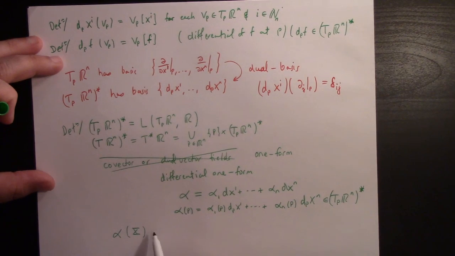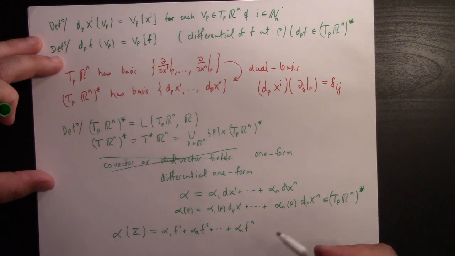In fact, you can work it out. This ends up being alpha 1 f1 plus alpha 2 f2 plus up to alpha n fn, where I was using f1 earlier. That's a nice exercise. Work this out.